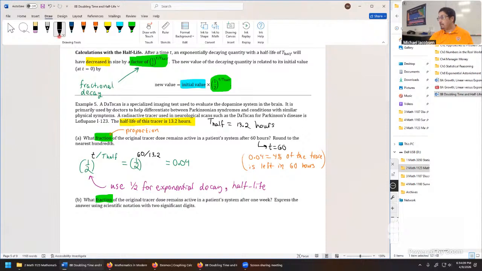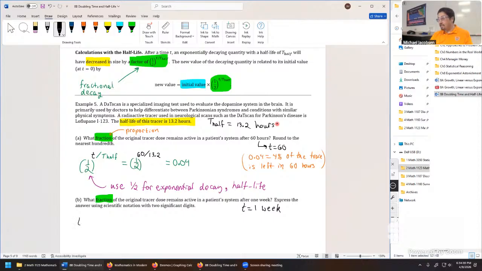So here, the big warning on this one is, notice that there's a mismatch on the units. T equals 1 week, but we can't put 1 week divided by 13.2 unless we've converted it into actual hours. So we have to match the units that we see here.